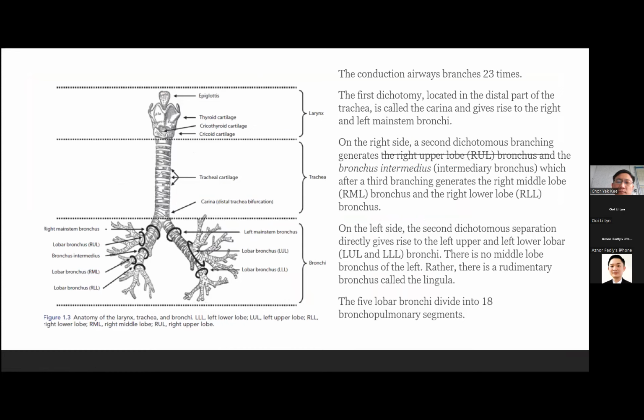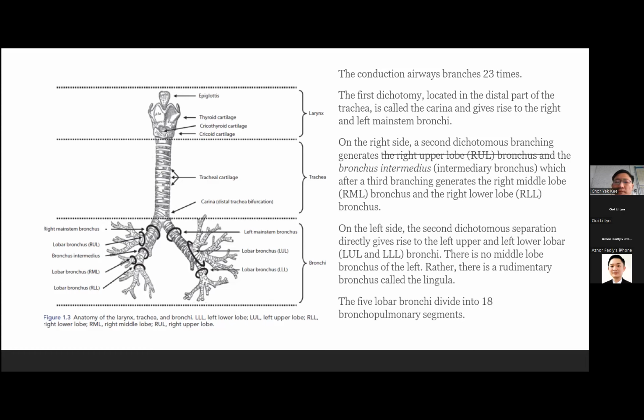The first dichotomy happens where the trachea forms the carina and is divided into right and left main bronchus. On the right side, the second dichotomy subdivides into right upper, right middle, and right lower lobe, whereby we have 3 lobes on the right side of the lung.